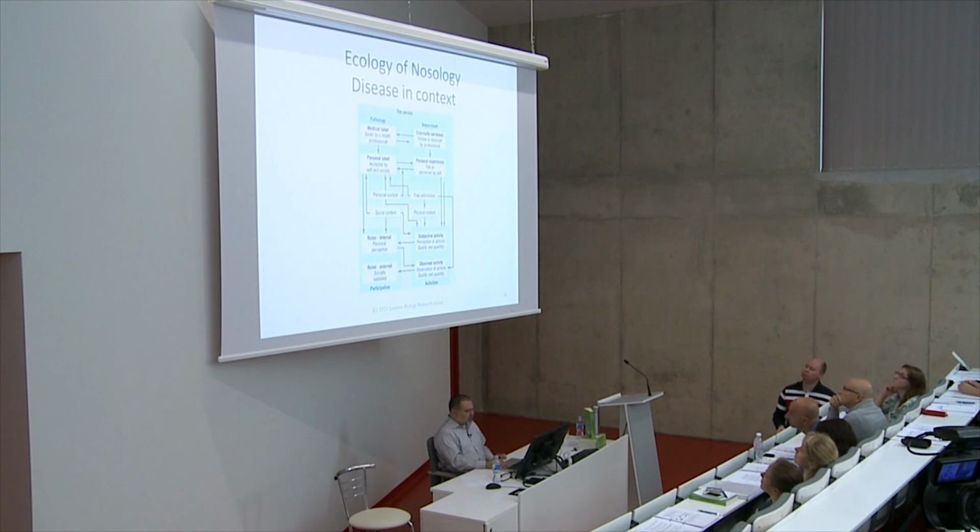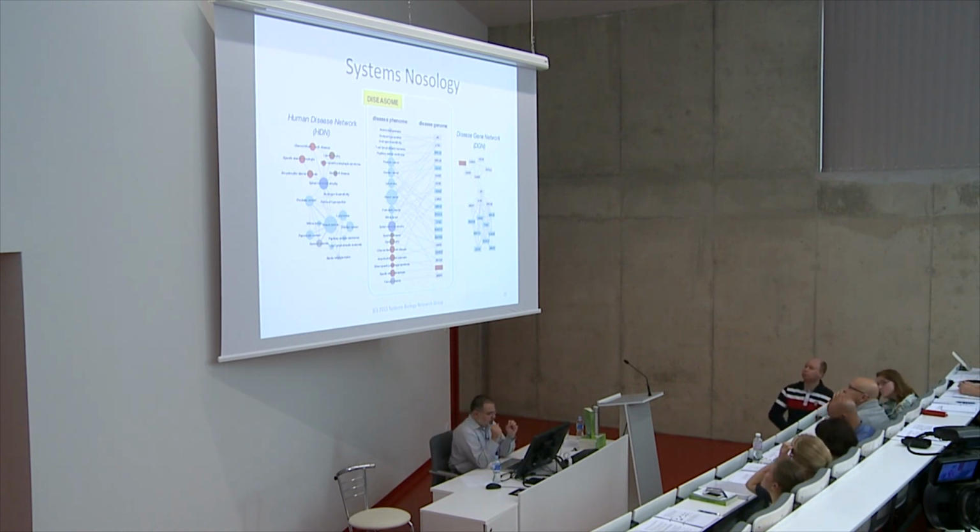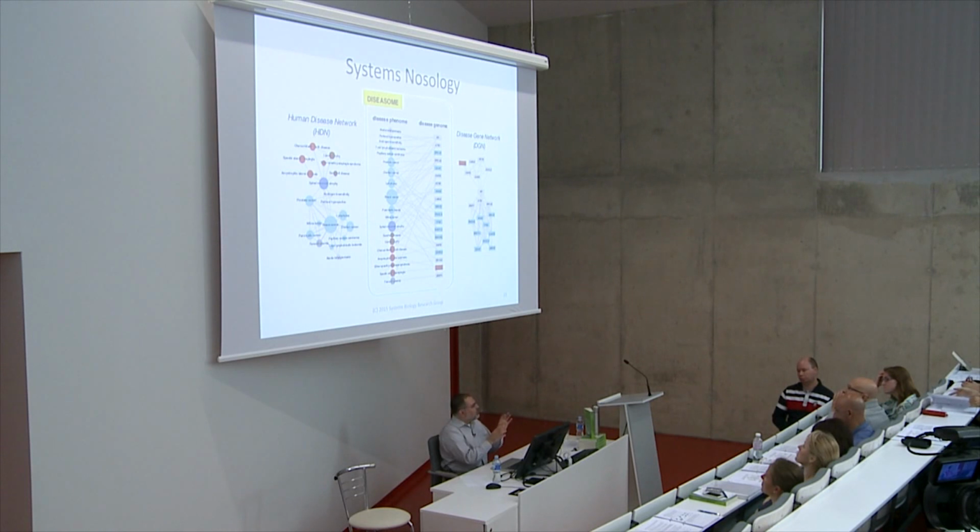You can take an ecologic approach as well, but the approach we like is much more of a systems nosologic approach. When you take a systems approach to clinical diseases, what you see is that genes do play a role, but it is not because a gene encodes a single specific protein, but because there are common physiologic imbalances that are shared by multiple diseases.